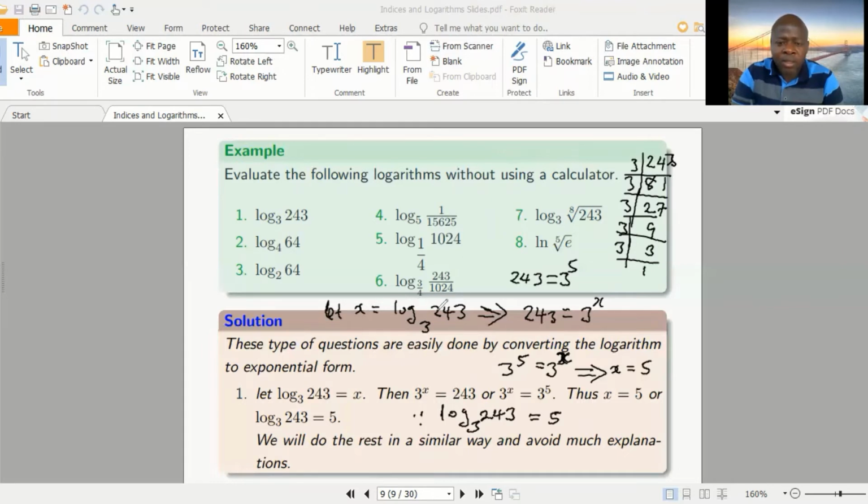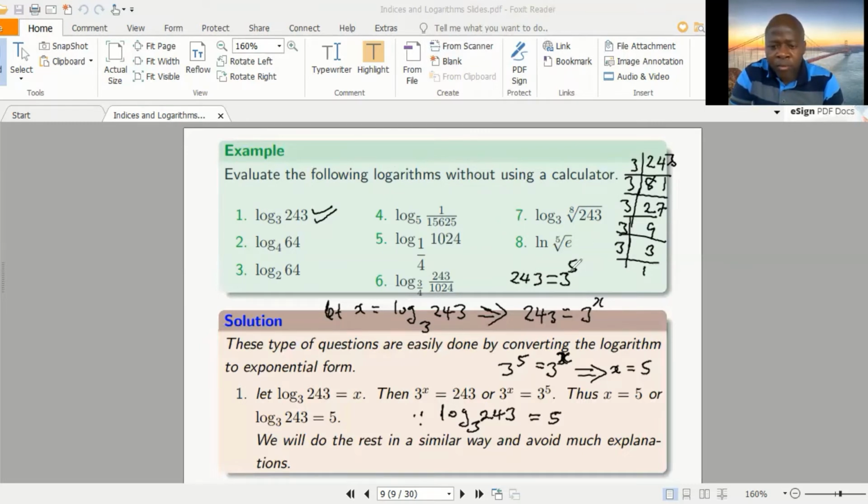But look at the steps. We were told to find this, and we didn't know what it was, so we had to let it be x. And remember that this is logarithmic form, which can be expressed in index form as this. You already learned how to express logarithmic form in index form in our earlier exam. Since the question was to be done without a calculator, we thought that 243 can be expressed in terms of base 3.